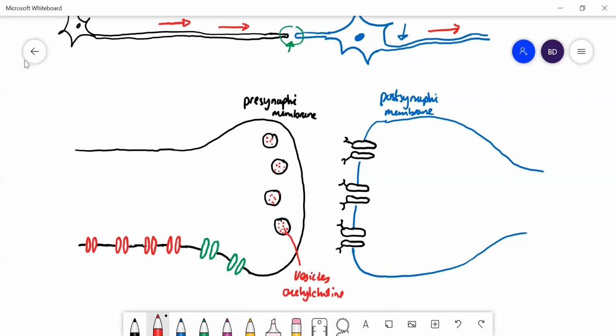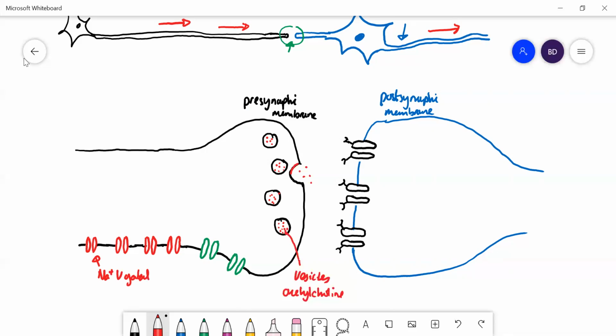Somehow, one of those vesicles has got to go up to the membrane and fuse, and then it will disgorge its contents of acetylcholine molecules into the gap, and we'll talk about what they do in a minute. But let's see the steps leading up to that. So these little red channels here are supposed to be sodium voltage gated.